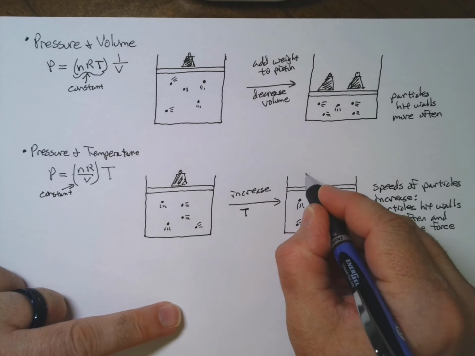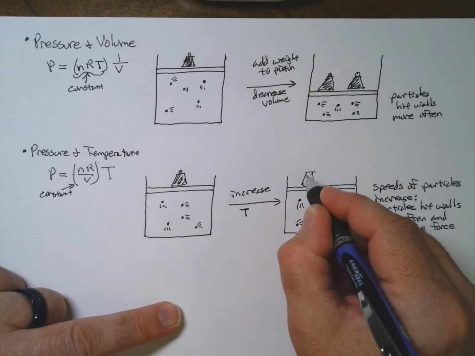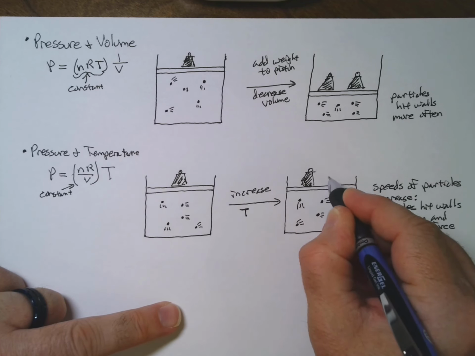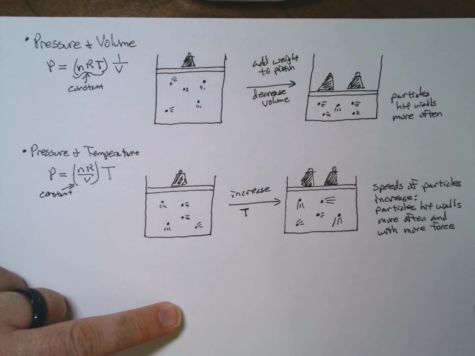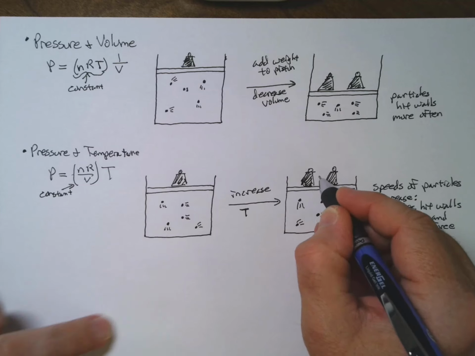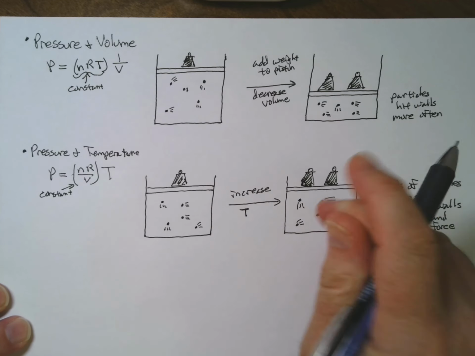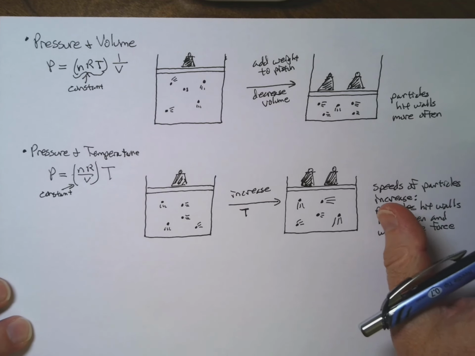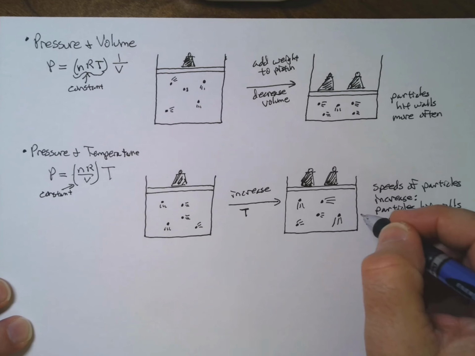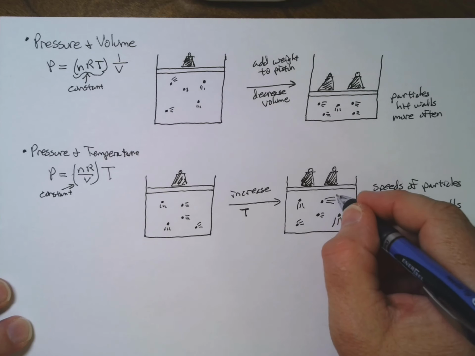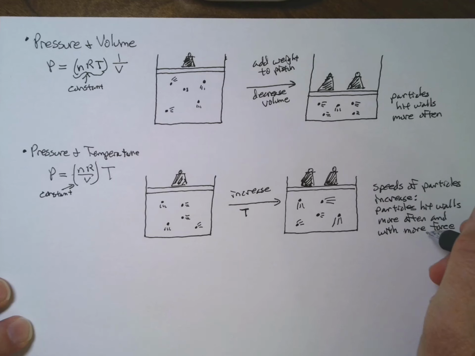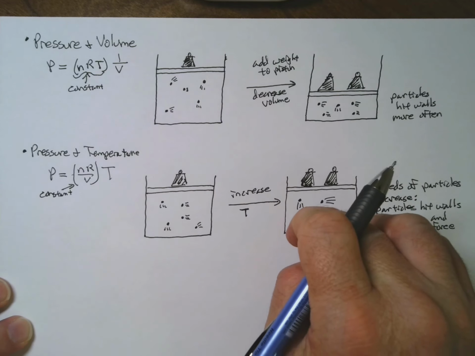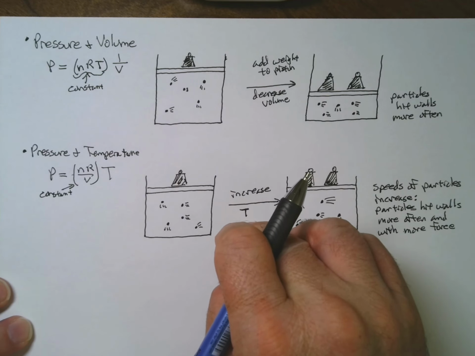The result being that we have to increase our weight on our piston here in order to keep it from flying out of the cylinder. So that's our increase in pressure. We have gas particles colliding with the walls of the container both more often and with more force. That's because they're moving around faster because we heated things up.